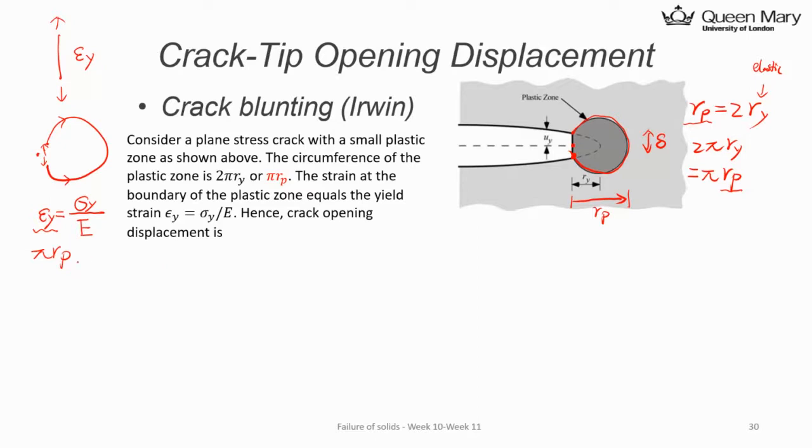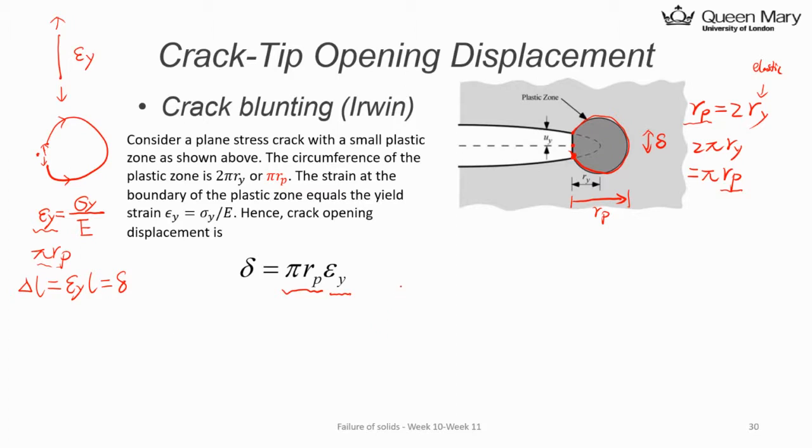So the change of length equals the strain times the original length. Okay, that's the definition of strain. That gives you the answer for delta. So let me work that out for you. Delta is pi rp, the original length, times the strain. That is the opening displacement.